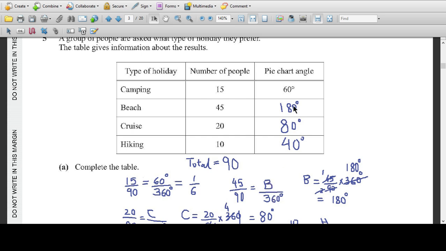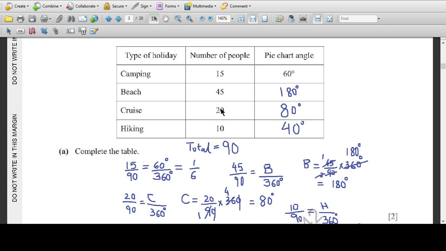So B is equal to 45 upon 90 times 360, and on simplification we obtain 180 degrees. If 90 corresponds to 360, 45 corresponds to 180. It's very easy, but we solved it.